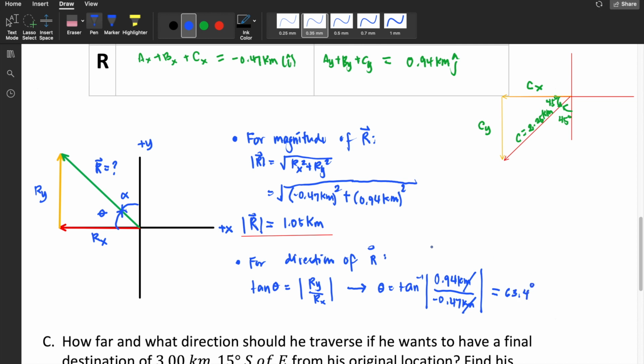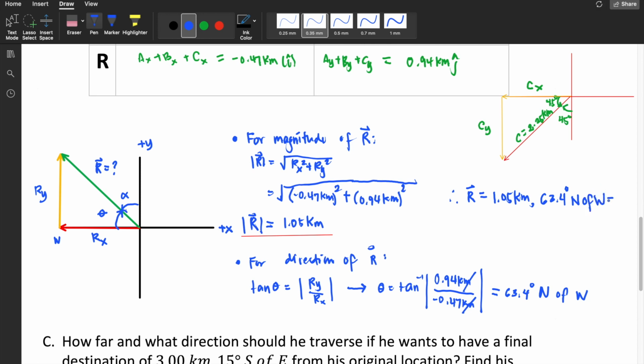It's from west going north, meaning it's north of west. So your final answer is: the displacement R is given by its magnitude of 1.05 kilometers, with a direction of 63.4 degrees north of west.